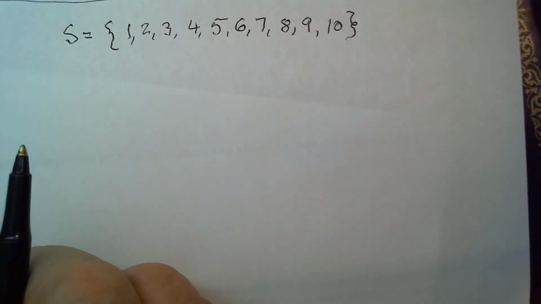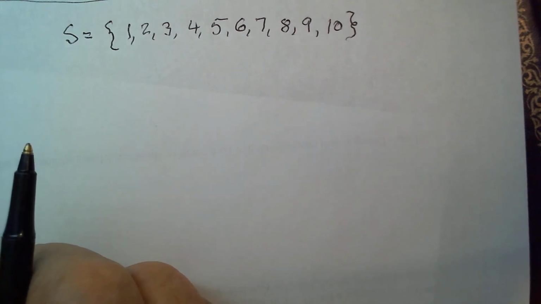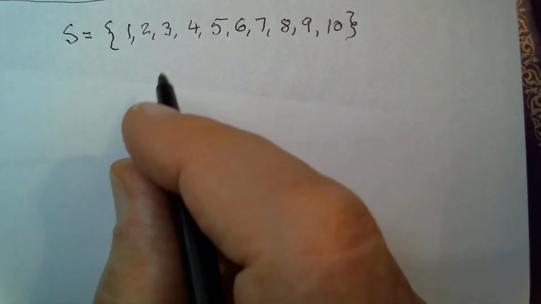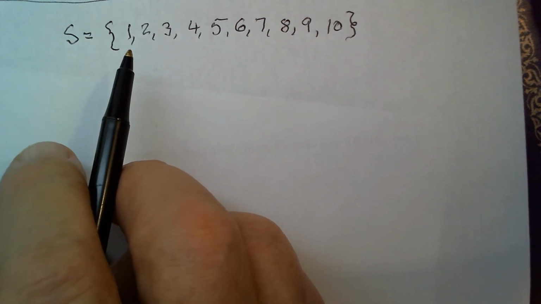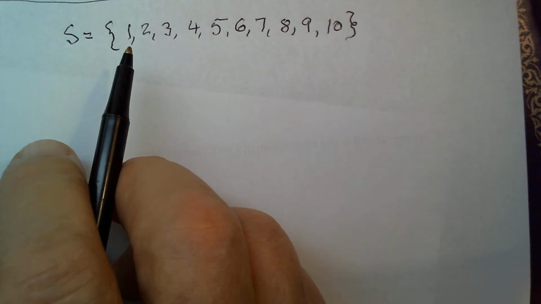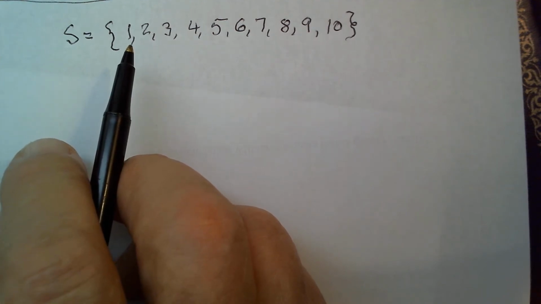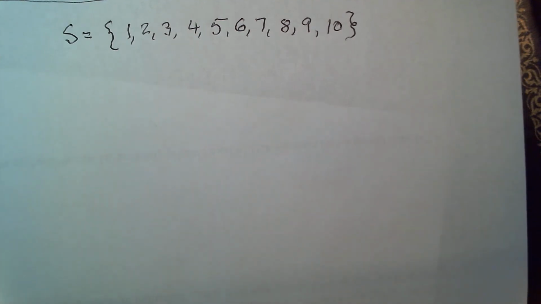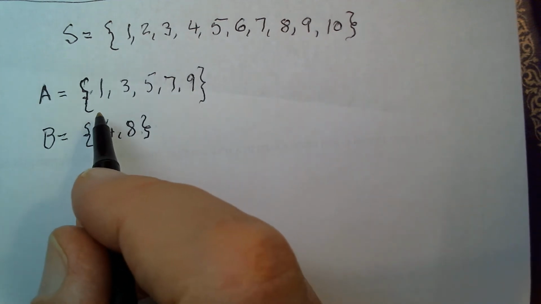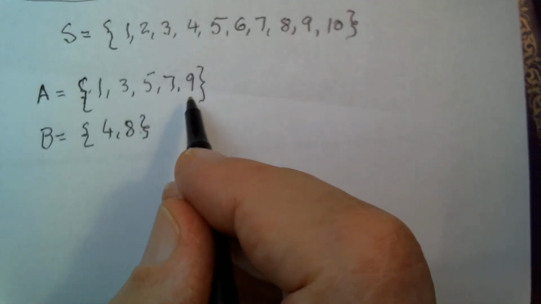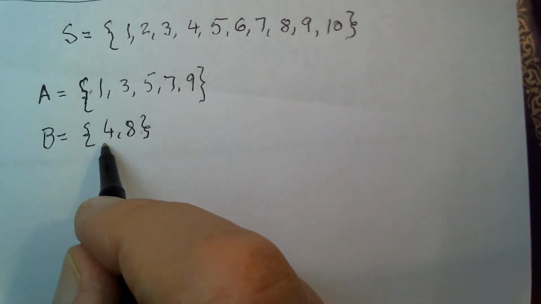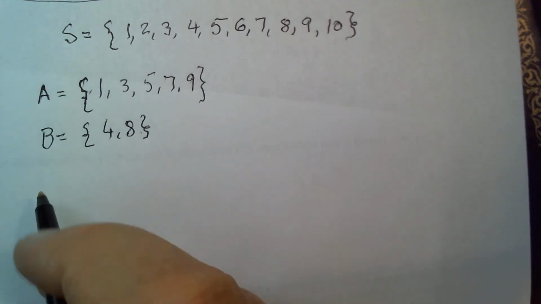Let's look at an example that involves the OR connector. So let's say we have a set of numbers 1, 2, 3, 4, 5, 6, 7, 8, all the way up to 10. And the first question is, find the probability that the number is odd or a multiple of 4. So let set A designate the elements 1, 3, 5, 7, and 9, the odd ones, and set B has elements that are multiples of 4.